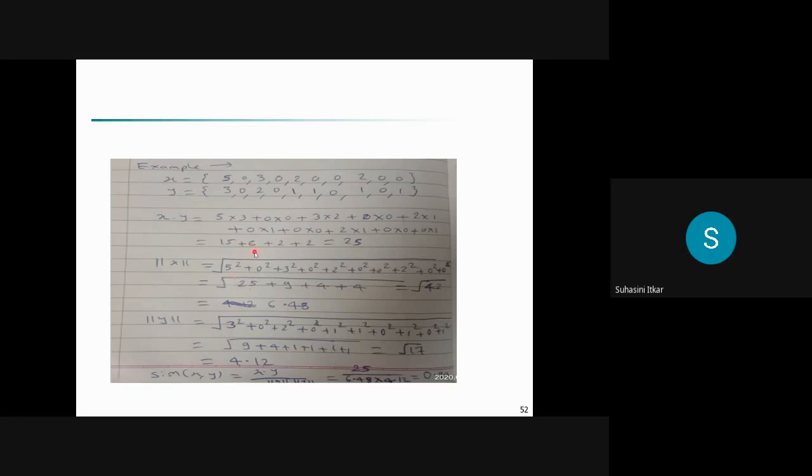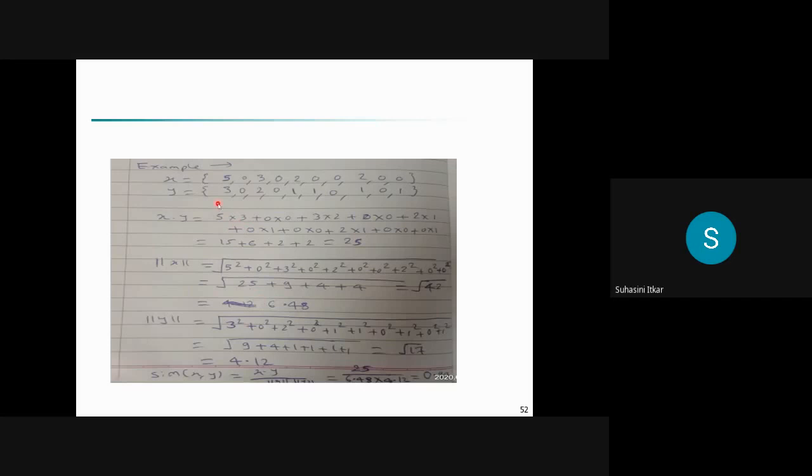For x, we consider all these values: 5 square plus 0 square plus 3 square plus 2 square plus 2 square. So it comes as root 42, and if we calculate root 42, it appears as 6.48.